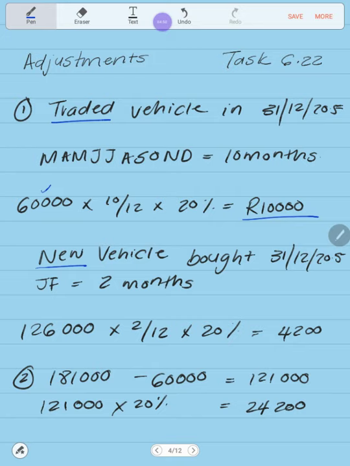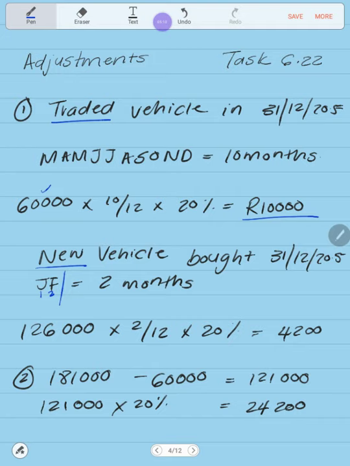I also bought a new vehicle. How long did I have this new vehicle for before my financial year ends? And you know that my financial year ends the 28th of Feb 20.6. So I bought it on the 31st of December 20.5. So I had it for January and February, and that's where my financial year ends. So I had it for 2 months.